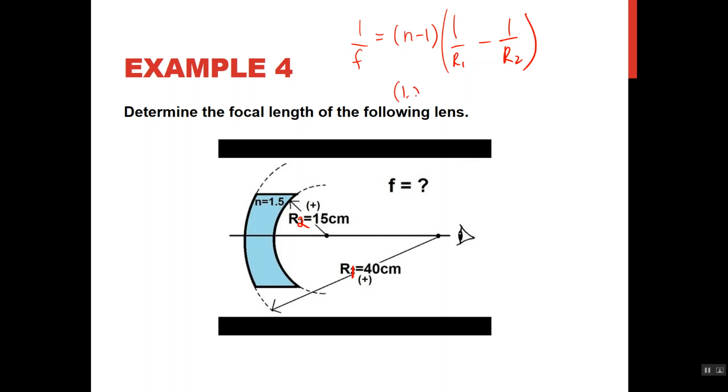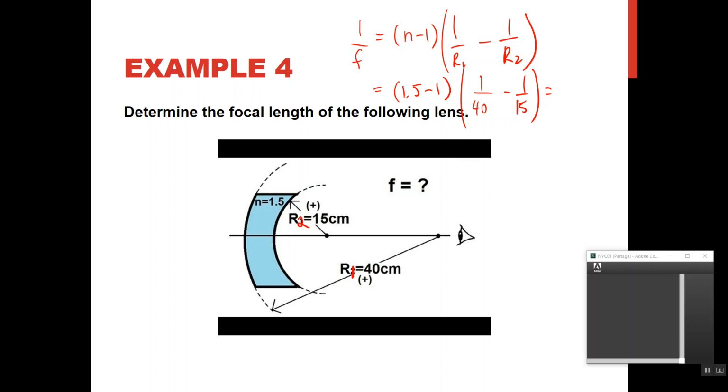So 1.5 minus 1, multiplied by 1 over R1, which is 40, minus 1 over 15. R1 will be, nope, they're both positive in this case because they're both curving away from the eye.